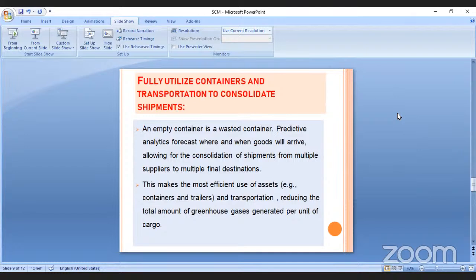This makes the most efficient use of containers and transportation, reducing the total amount of greenhouse gases generated per unit of cargo.